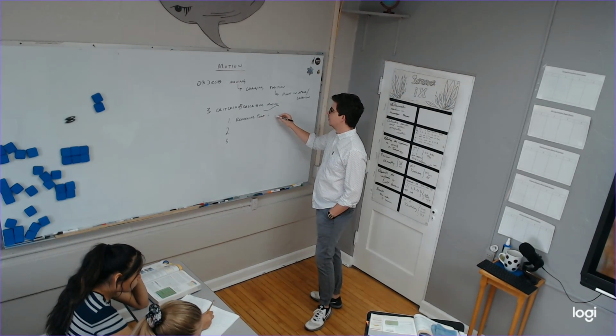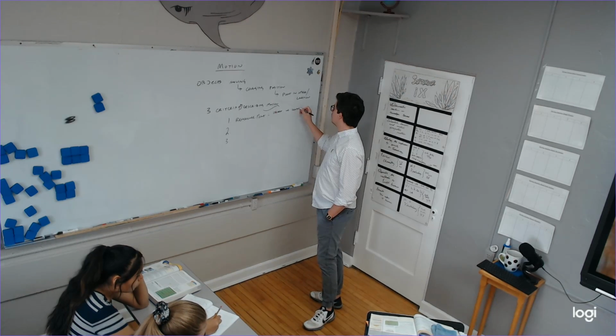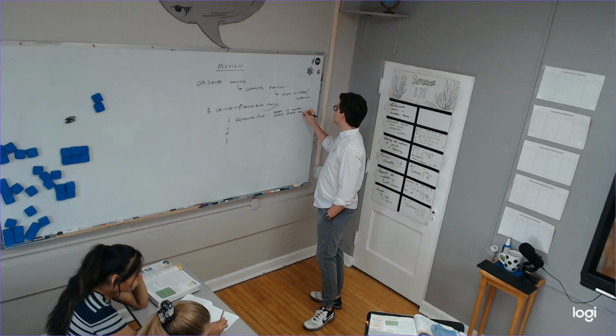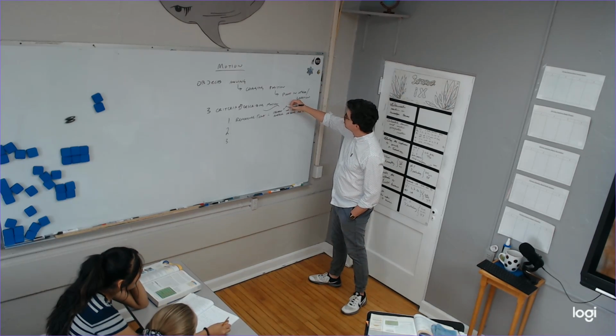Let's describe it this way. A reference point is an object to which we compare another object's position. Sorry, I don't like to end the sentence with a preposition. People generally agree that that's not a sin anymore.